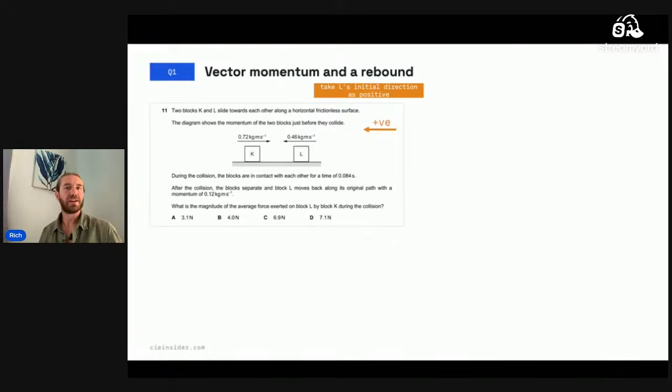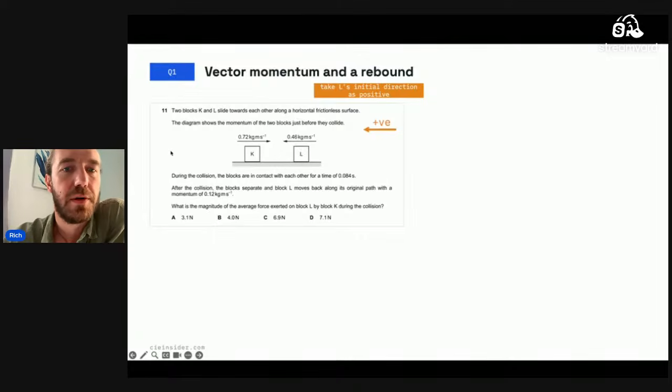That's my note to myself. That's not going to be marked by anyone. That's my note to me to say, okay, anything to the left is going to be positive. That means anything to the right is obviously going to be negative, and that just makes me clear on that from the start.